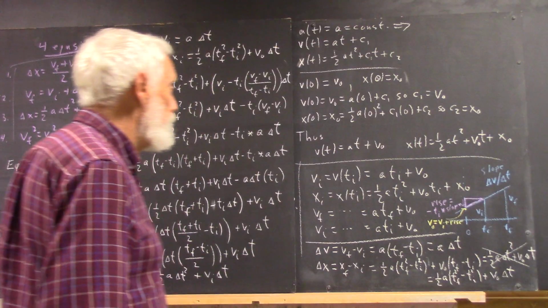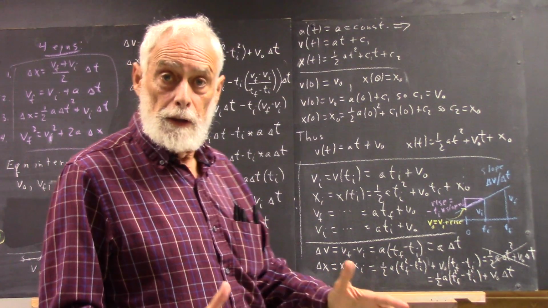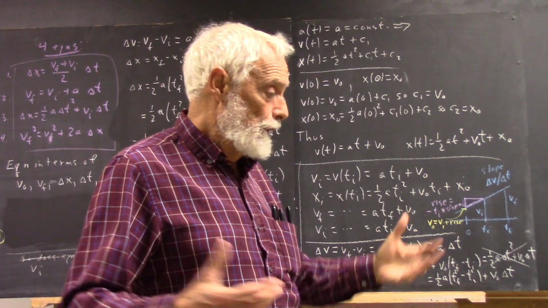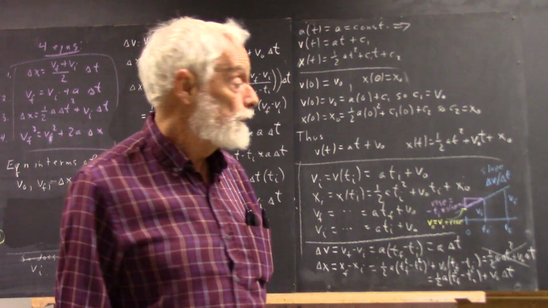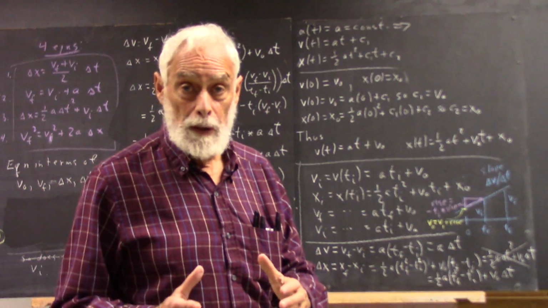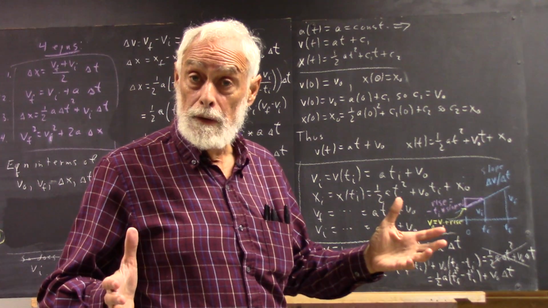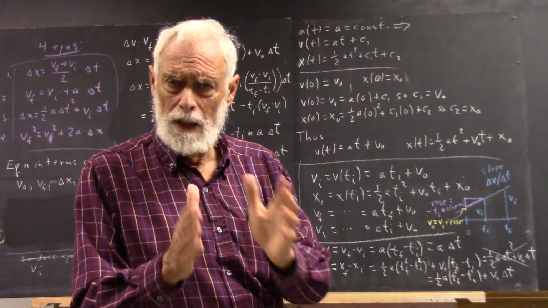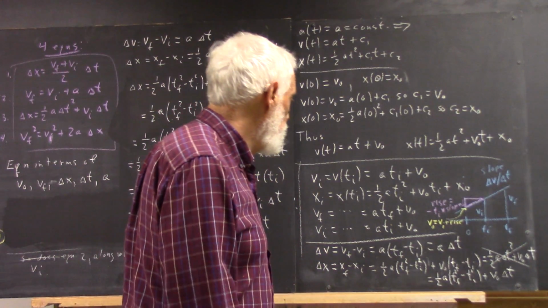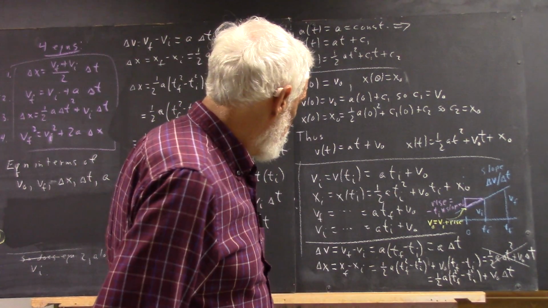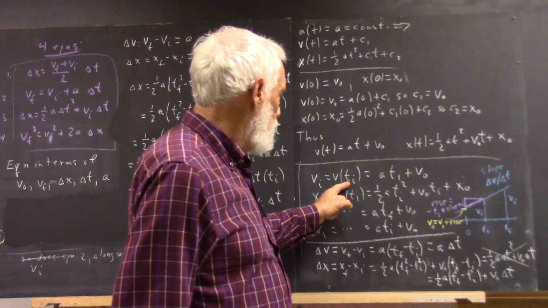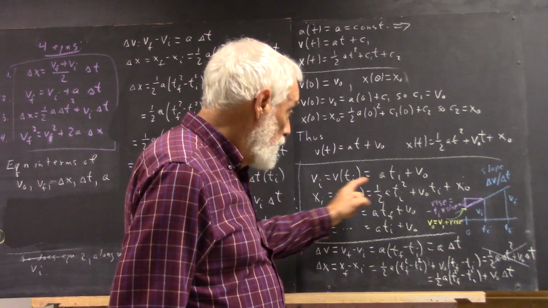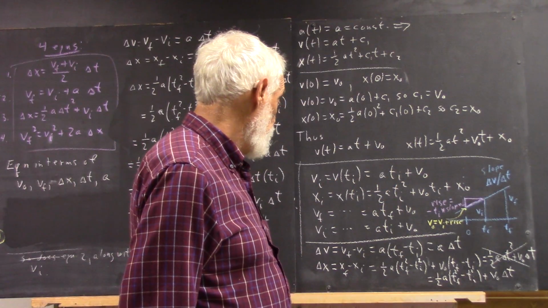We've seen this. Now, if we want to look at an interval from sometime ti to sometime tf without having to worry about the global function, and we often have problems where we need to do that, or where we solve them most efficiently just by concentrating our attention on the interval, we can do this, okay? For ti, our velocity is vi, and that's v of ti, a ti plus v naught.